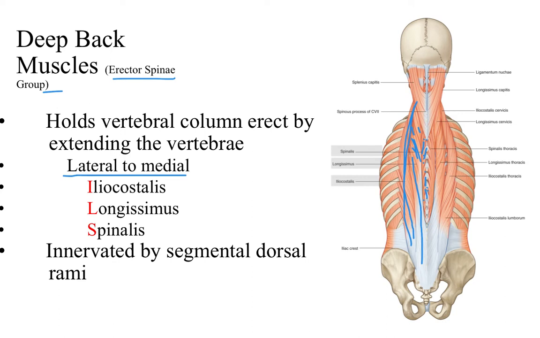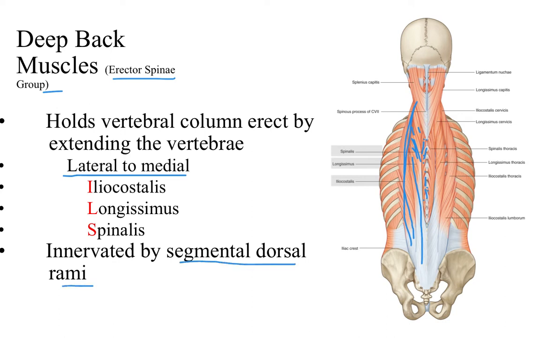the vertebrae. And you don't see any origin or insertion information here because if you notice, looking at the picture, there are a lot of origins and a lot of insertions, so we're going to bypass all of that. But the innervation is by the segmental dorsal rami.